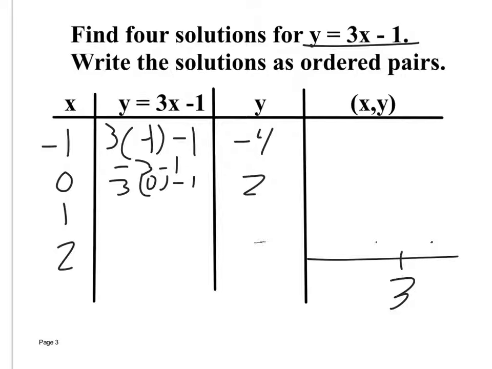Here's 3, and if you're subtracting 1, which is already wrong. What's 3 times 0? 0. And then 0 minus 1 would be what? Negative 1.